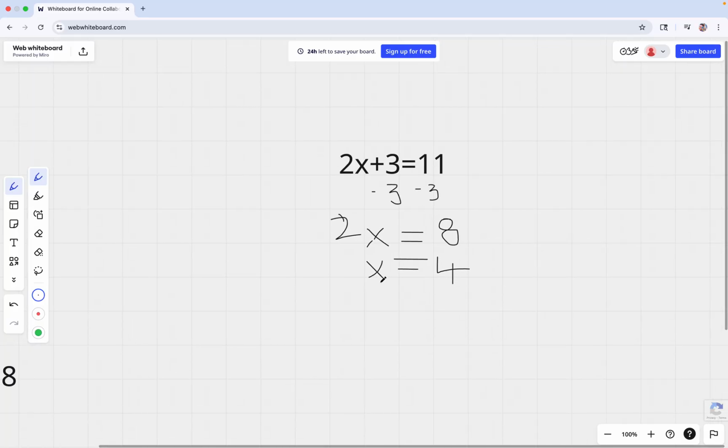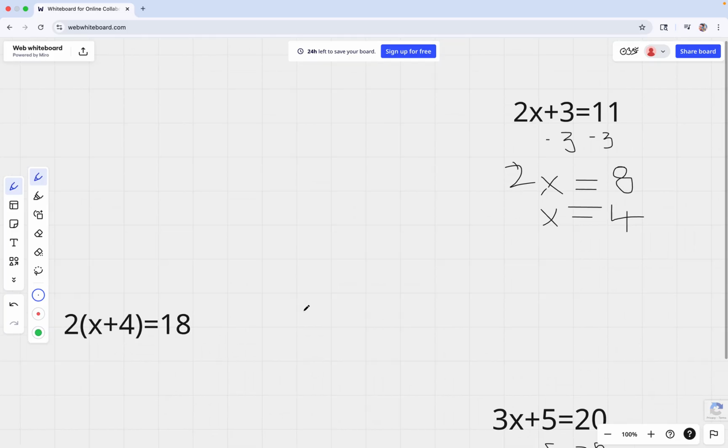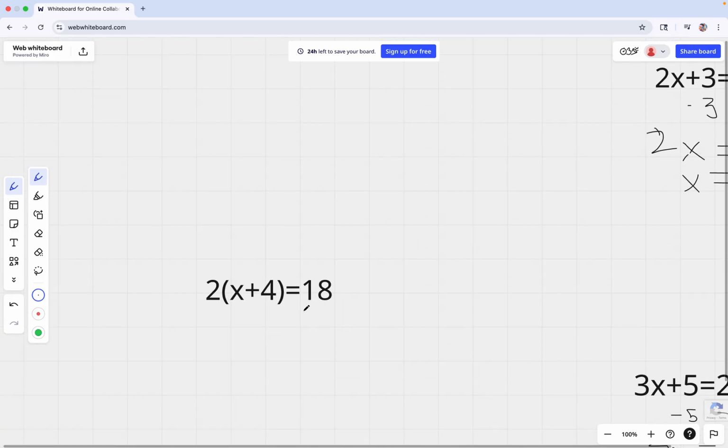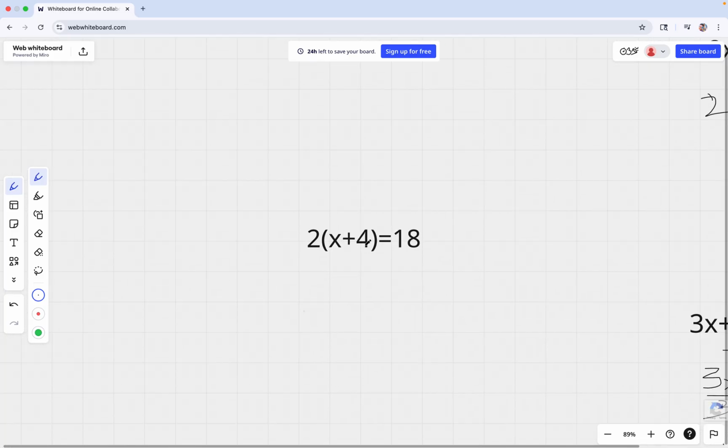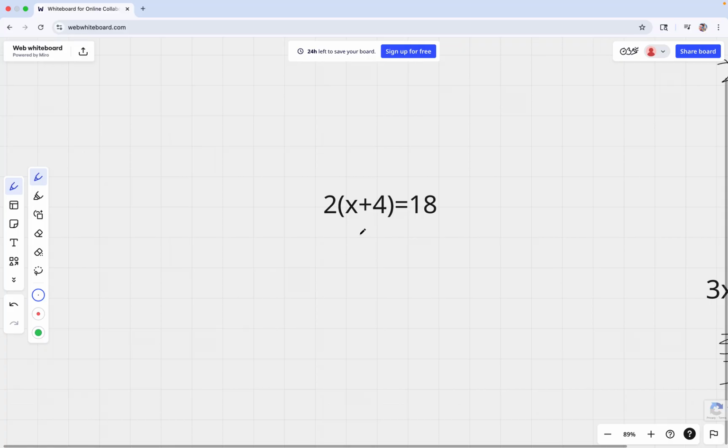So now we'll go to a little more complex one. Here we can see that there are parentheses. But that's not going to change the way we do it, it will just add a few more steps, but eventually it will be the same process. Y'all probably know what the distributive property is, right?